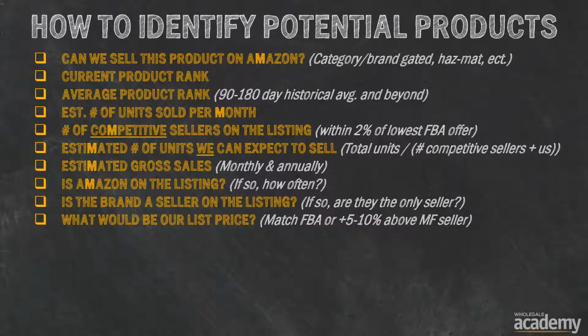So if someone is selling a product, for example, for $20 and they're merchant fulfilled, if you're going to be selling FBA, you don't need to sell it for $20 also. You don't need to match them.